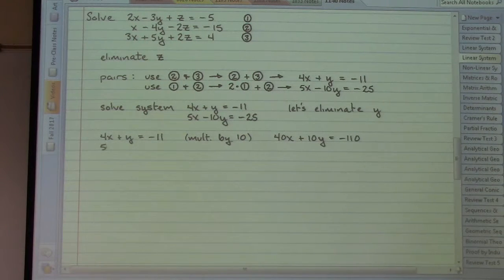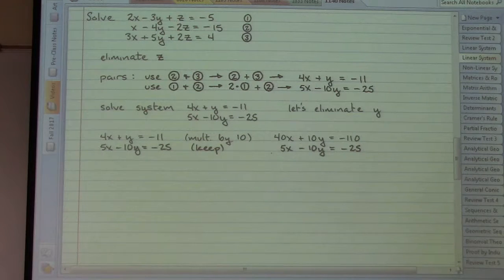Then we've got that second equation, 5x minus 10y equals negative 25. And our comment here is that we're going to just keep that. We like that that has the negative 10y in it. So 5x minus 10y equals negative 25. We'll go ahead and add those.